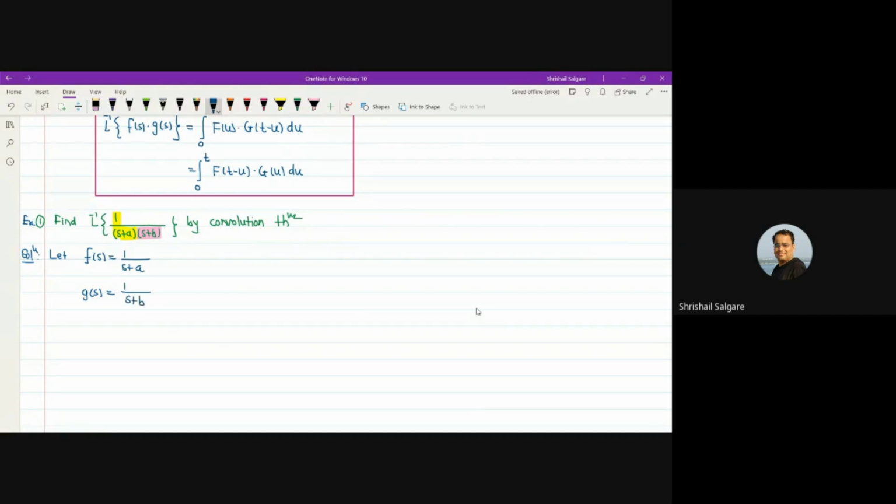Is it right? If this is so, then L inverse of f of s is L inverse of 1 upon s plus a. Anyone can tell? Sakshi, what is L inverse of 1 upon s plus a? E raised to minus a t.